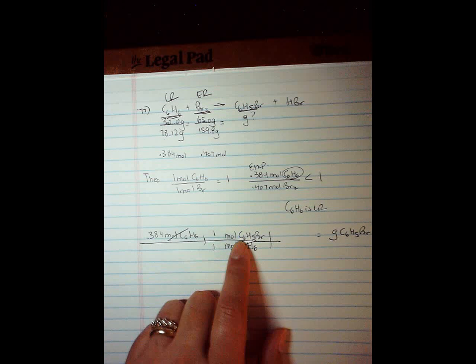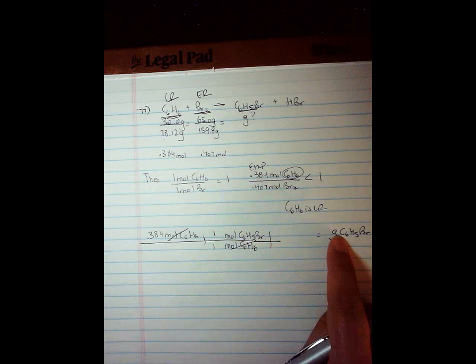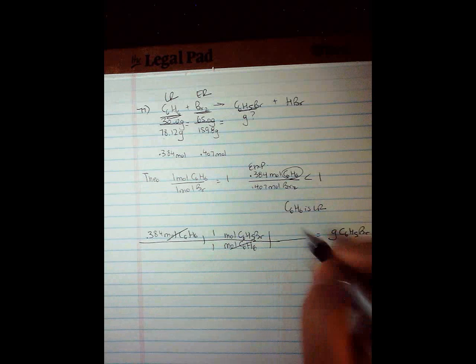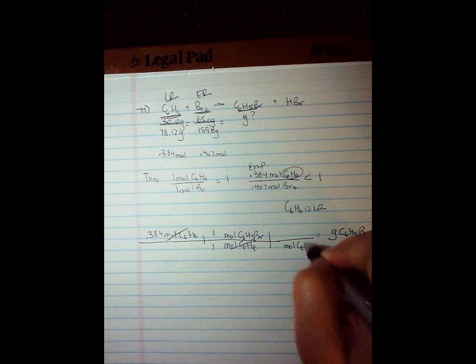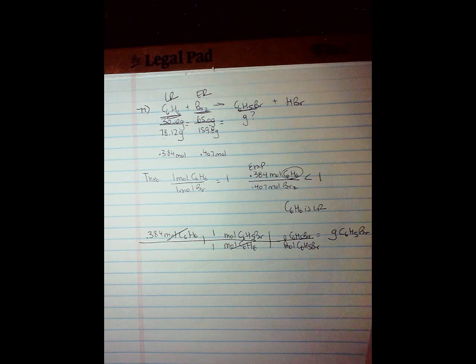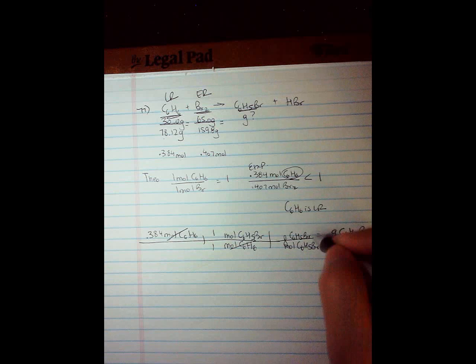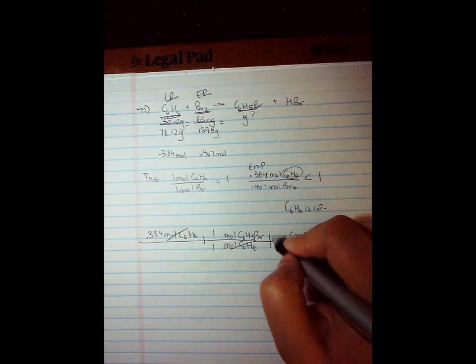Okay? All right, at this point I'm not done because I didn't really want moles, I wanted grams instead. So as a final step, I'm going to go from moles of C6H5Br to grams of C6H5Br, and the way that I do that is by multiplying by the molar mass of that particular substance, and I get that information from the periodic table.